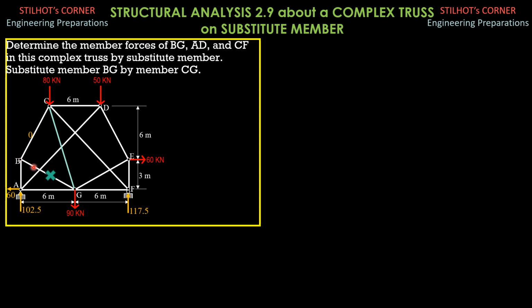Because we remove this BG here, automatically there are two unknown forces left, BC and AB, so these are all zeros. So in the first space, AB is 0 and BC is 0 also.